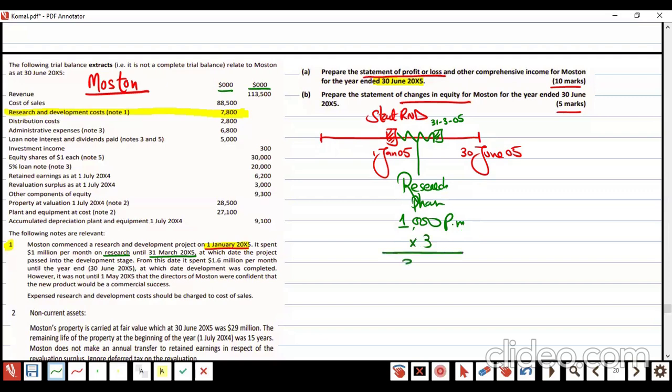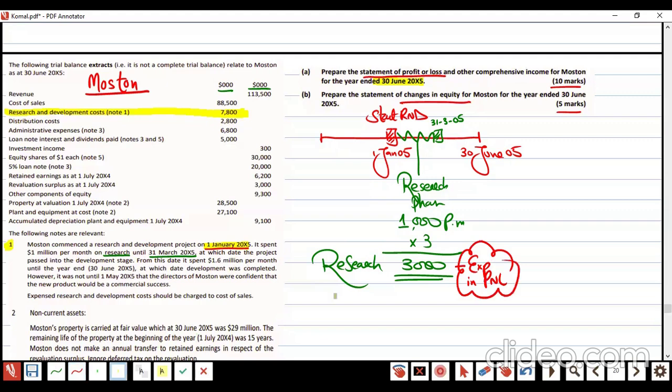So 3,000 is purely research, right? Research is always an expense in profit and loss. Am I right or wrong? So we found one answer for the profit and loss, that research is going to be part of expense.